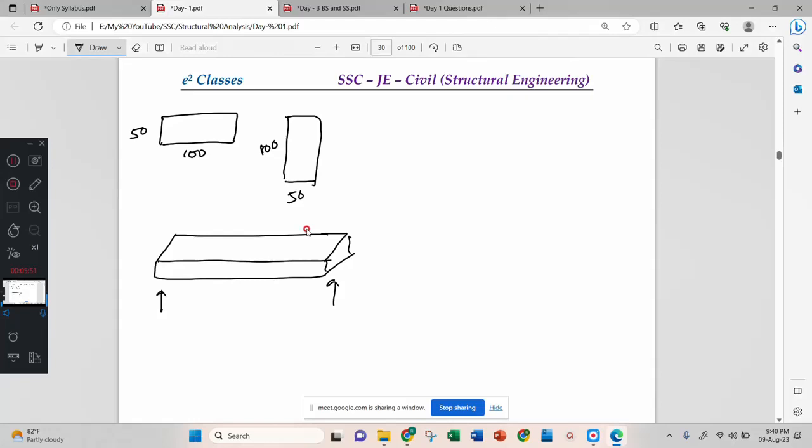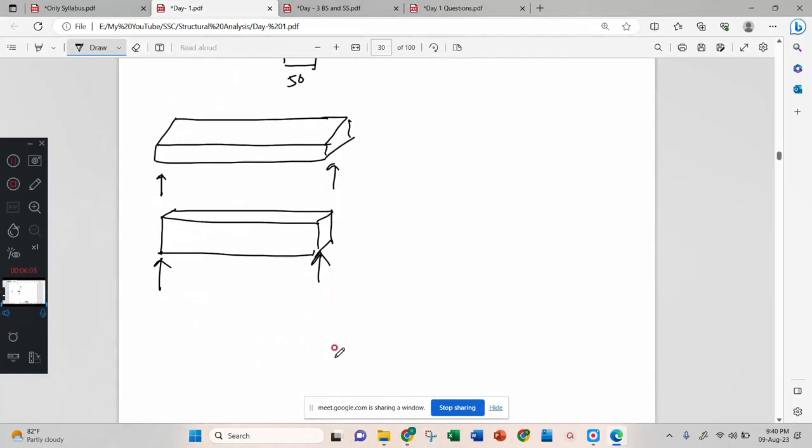Another beam is like this. Which beam will be having more strength? Second one. Second one will be having more strength.